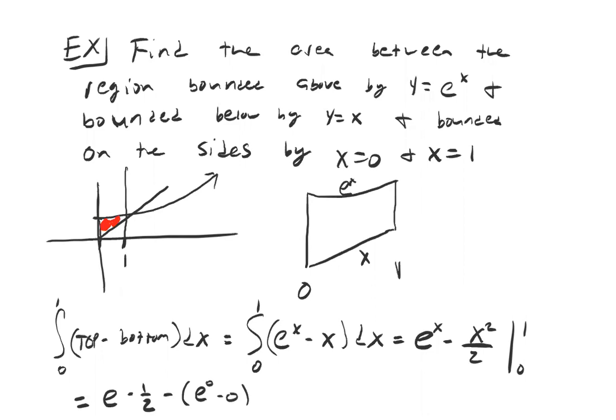And if I do all this, this is e minus 1/2 minus 1. This is e minus 3/2. And that's my answer. There's really no simplifying that, so we're going to leave it like that.